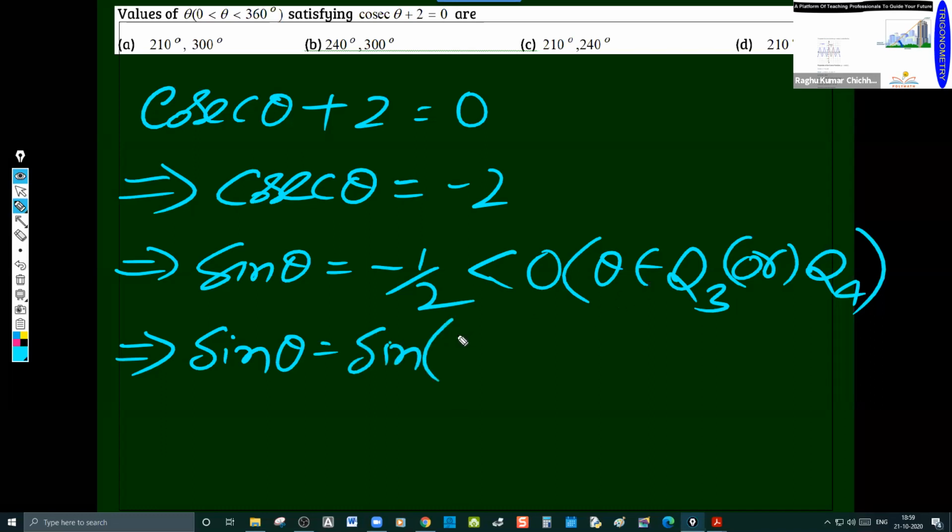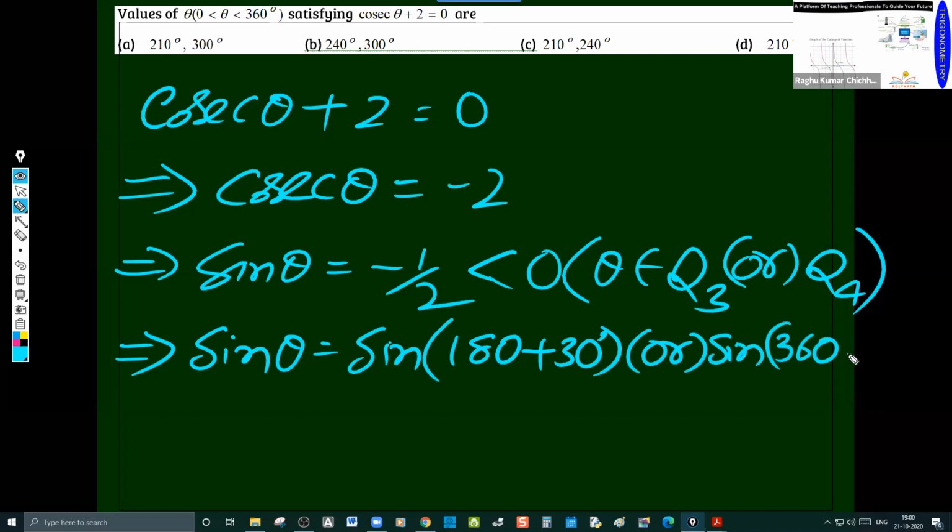But it should be placed in the third quadrant, and hence I'm making it as 180 plus 30. Or it can even lie in the fourth quadrant also. That's the reason why I'm making it 360 minus 30, so that it goes to the fourth quadrant or third quadrant. Come on, tell me now, what should be theta here in this case?